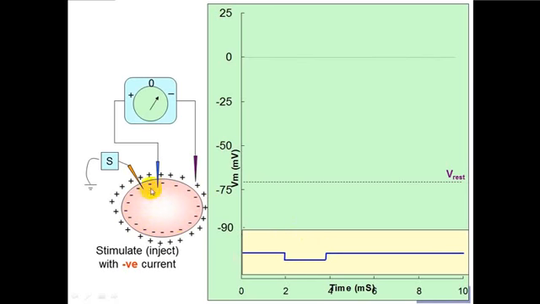So there are greater negative charges lined up inside the cell now, and the membrane potential actually drops from minus 75 to say minus 80. So the membrane potential goes from a negative value, minus 75, to an even more negative value, minus 80, and it remains at that heightened negativity for the duration for which the stimulus current is being injected, and then drops back to the resting state.